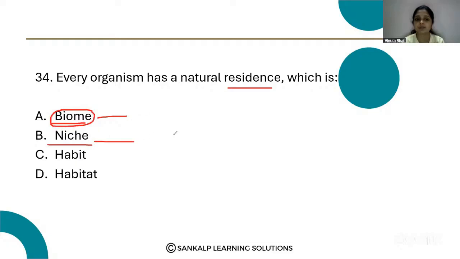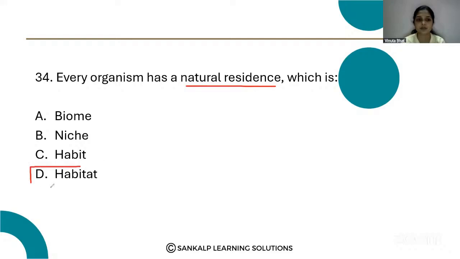Niche means the organism which is adjusted to a particular habitat, the organism able to live in a particular habitat, that is called niche. Habit means the routine of the organism, and habitat means where it lives, that is called the natural residence.